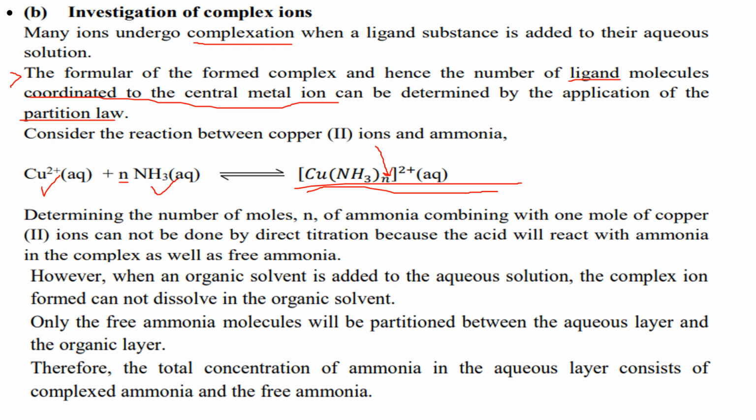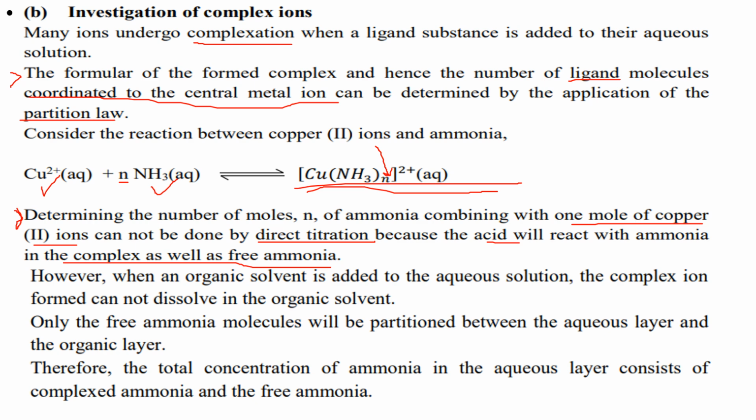So we are saying that determining the number of moles n of ammonia that are combining with 1 mole of copper 2 ions cannot be done by direct titration, because the acid will react with ammonia in the complex as well as free ammonia. We are going to be looking at all this in the calculation, and you are going to understand it in detail.